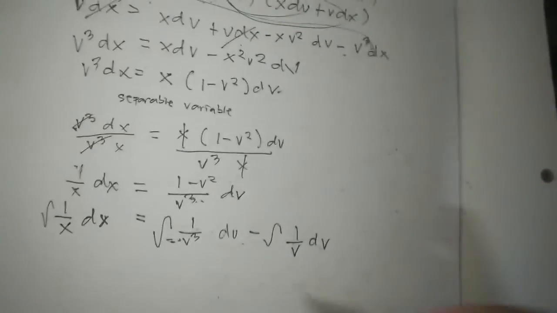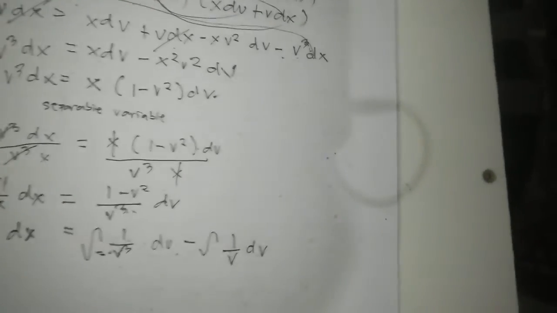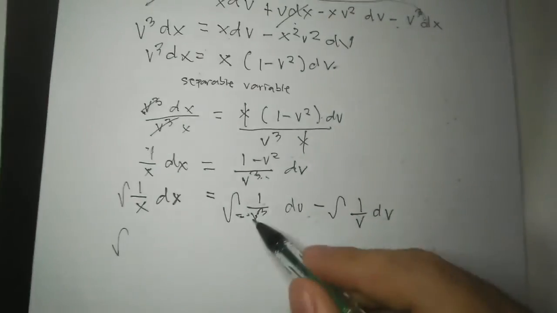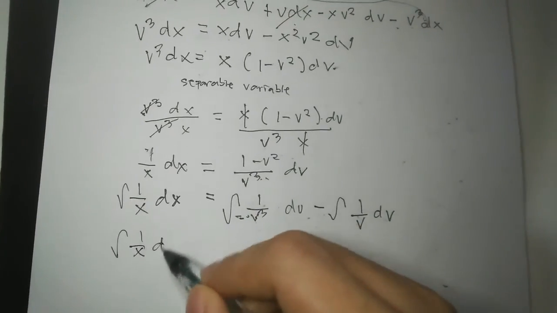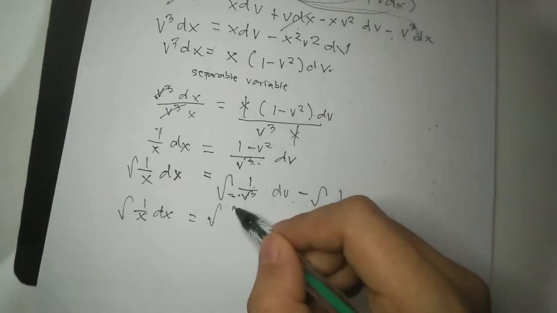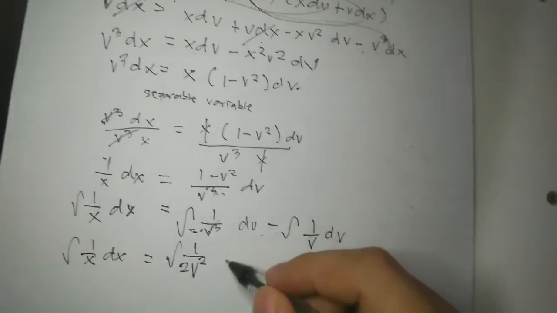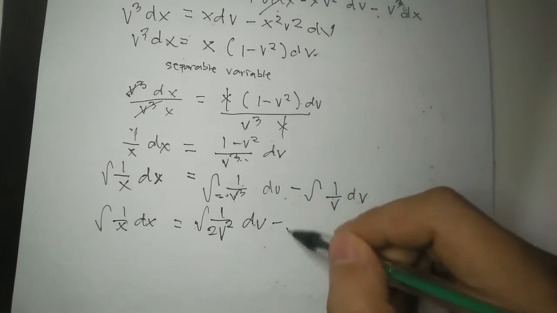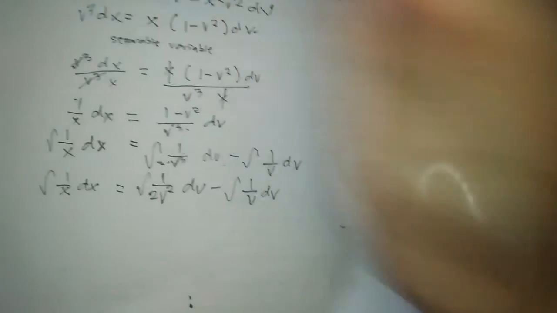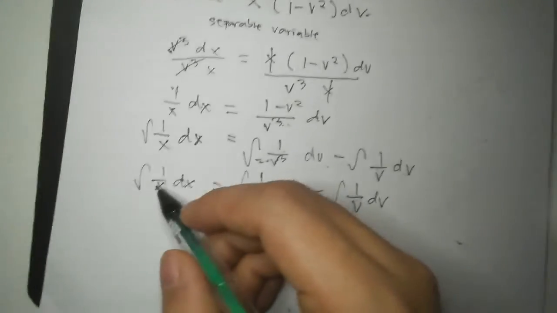So using the power rule, this will become the integral of 2v squared dv minus. So now we can integrate them.